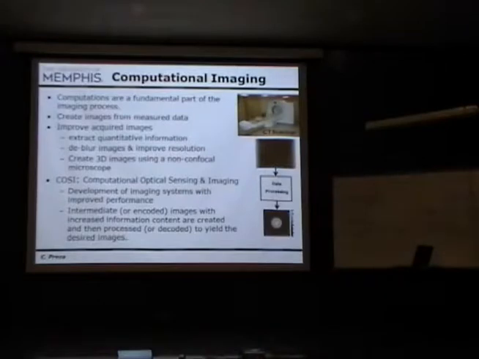And also, in this process, we are able to extract quantitative information from the measurement. So if I'm able to correct all these aberrations and distortions, this measurement that relates to my underlying scene or object now becomes quantitatively meaningful. I can directly relate it to what I'm studying or looking at.